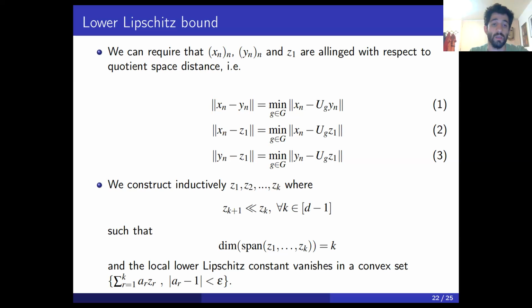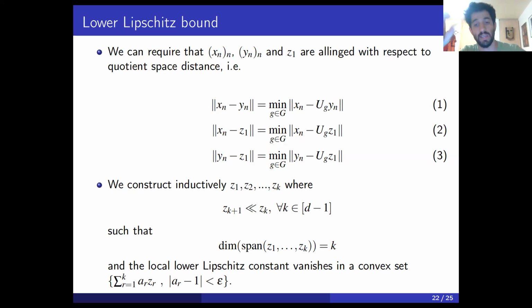And we were also able to show that the lower Lipschitz constant vanishes locally in a convex set of this form, the sum from r equal 1 to k of ar zr, where ar is very close to 1.